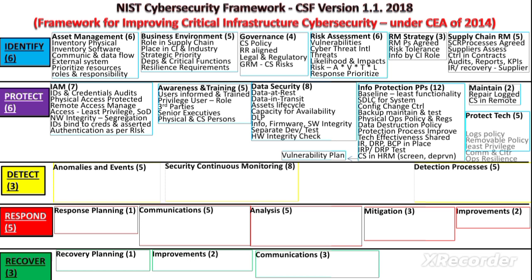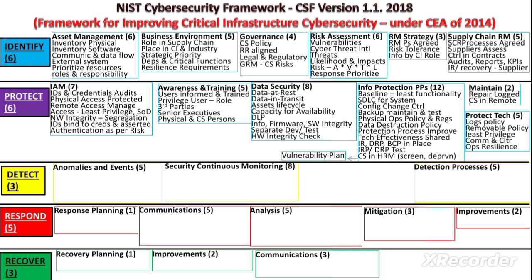And then in protection technologies, you have to implement and ensure the log policy, and then you also have to implement the policies for removable devices, and everything in protection technologies should implement the principle of least privilege, that is minimum required access to system or processes or individuals.